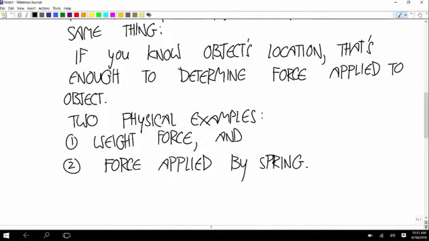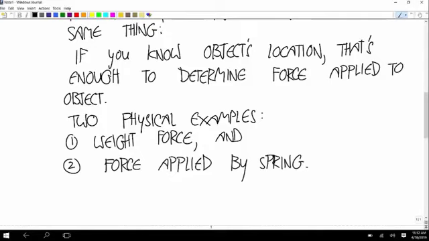But since the radius of the Earth is so much bigger than the variations in height people make on Earth, it just doesn't vary much at all. At the top of Mount Everest, it's like 2/1000ths of a Newton less or something. I guess a meter per second squared less in the acceleration.